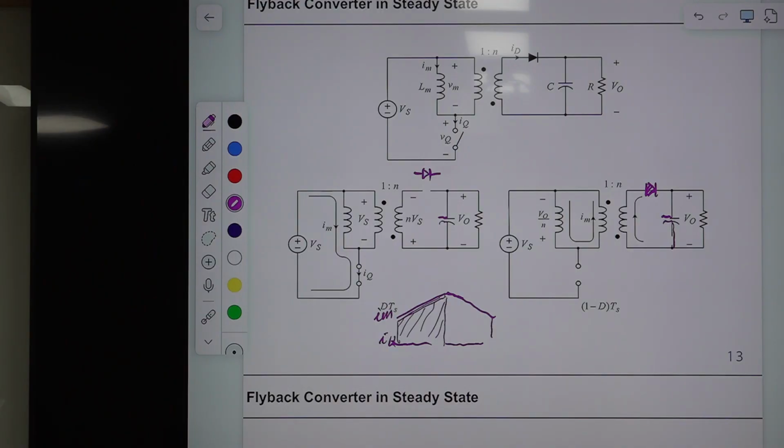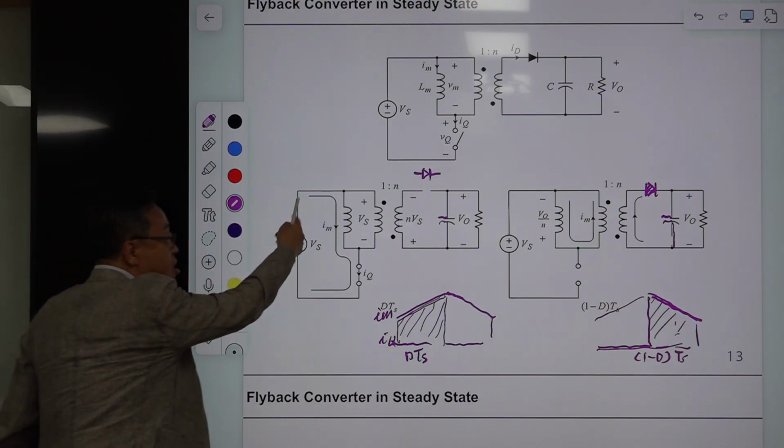So this is the on-time period, D Ts. During the off-time period, this part is 1 minus D Ts of the time period, and this IM is passing through continuously.